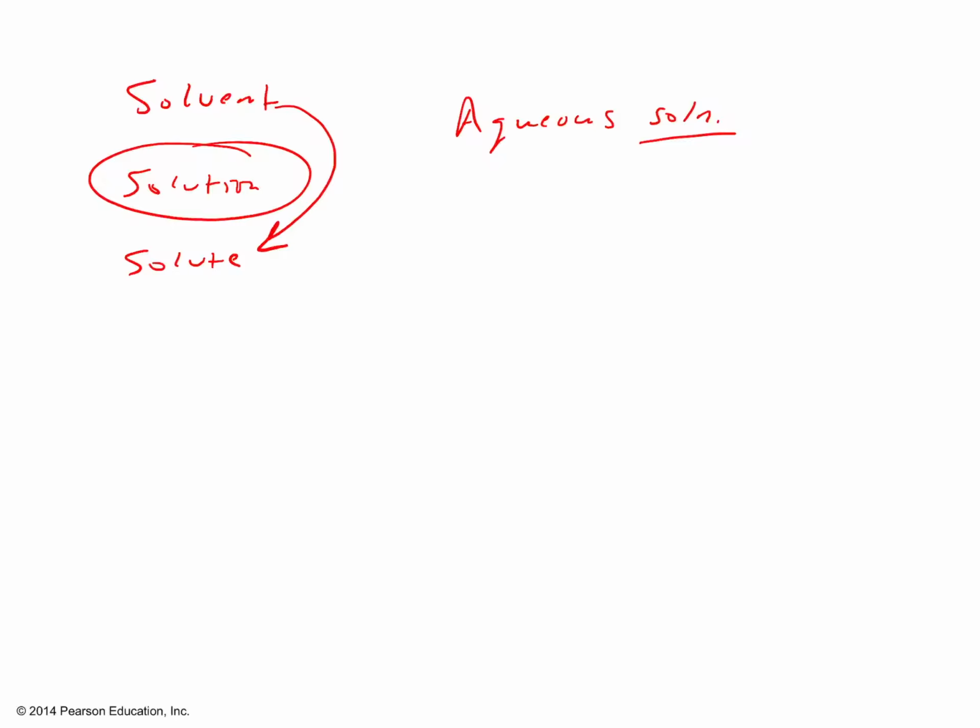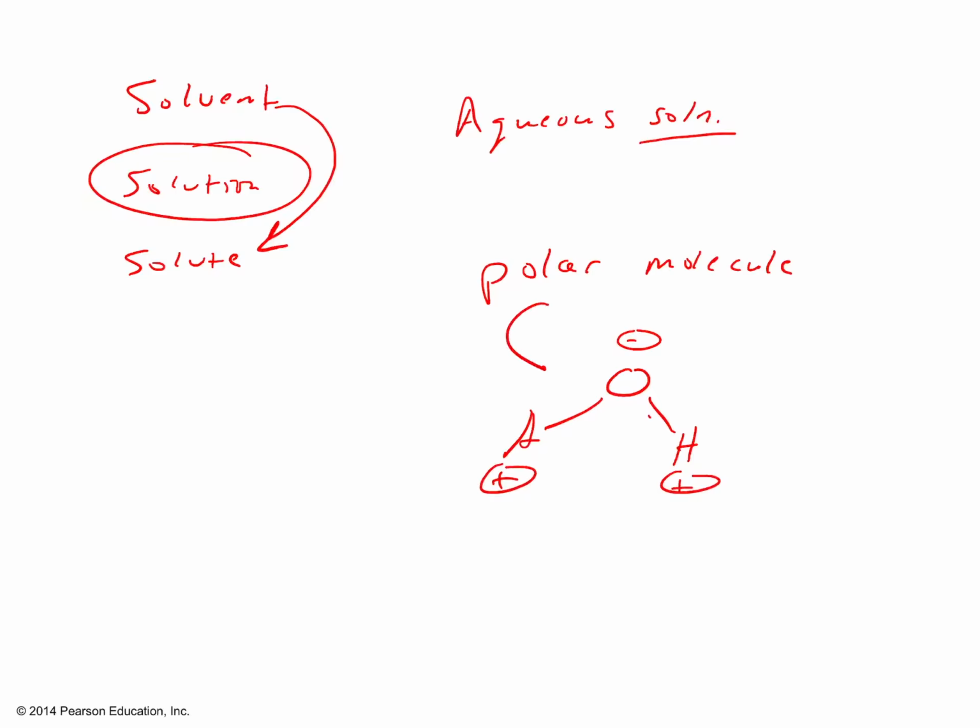All right, so let's talk about how it is that water actually dissolves so many things. Well, one of the primary reasons for this is the fact that water, as we've said, is a polar molecule. So the water molecule, again, I'll draw it here, okay, has a slight negative charge on the oxygen side and a slight positive on the hydrogens, and so it's polar as a result.